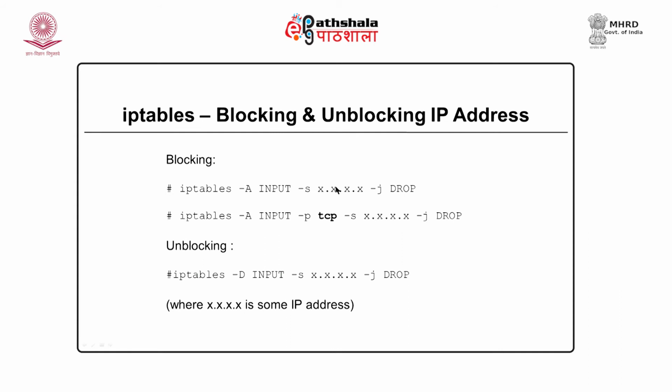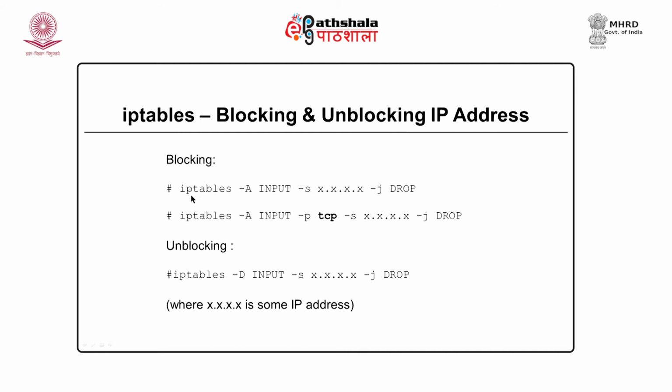Now, the question is how do we block IP addresses or unblock IP addresses? For example, if I want to block Facebook, I will find out the IP address of facebook.com and I can block access to Facebook. So, this is one way of blocking an IP address.